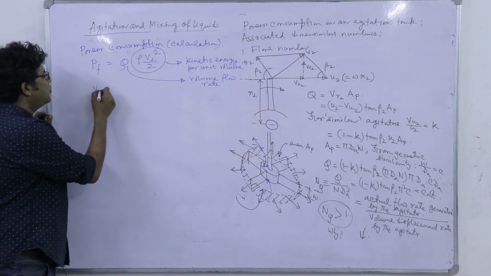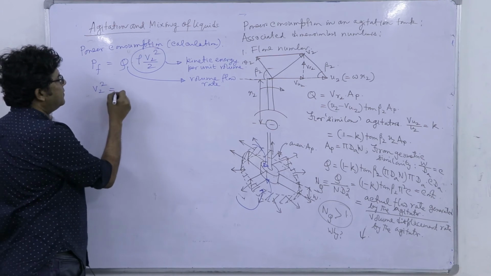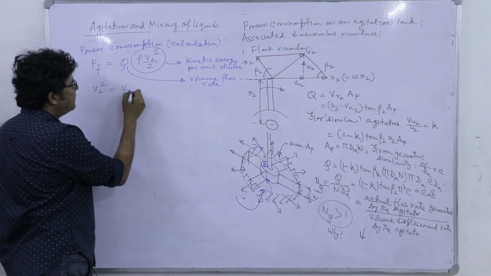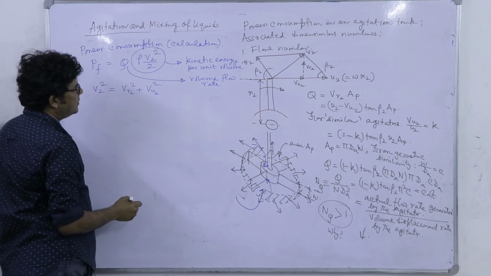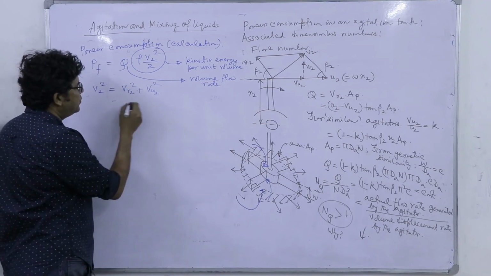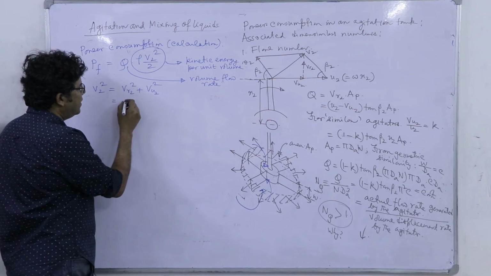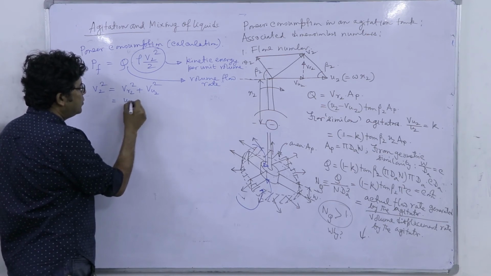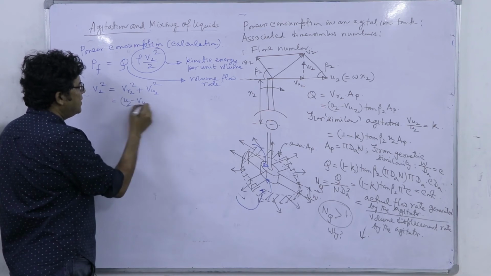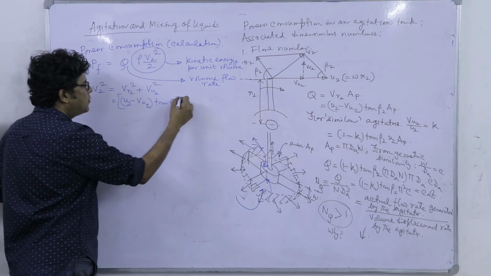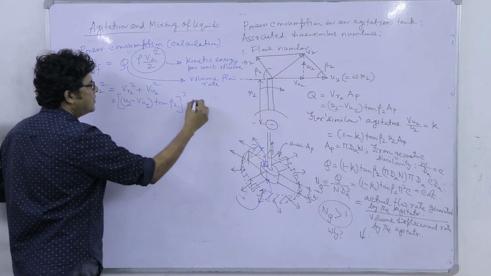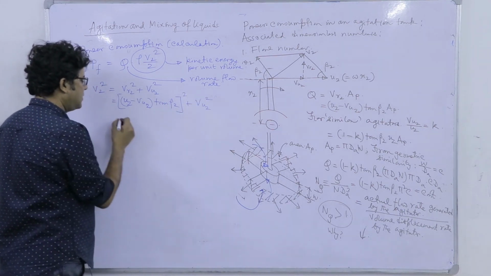So V2 square is equal to VR2 square plus VU2 square, right? So VR2, we have just shown that it is equal to (U2 minus VU2) into tan beta 2, whole square, plus VU2 square.